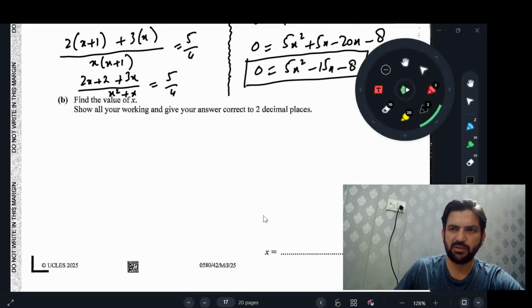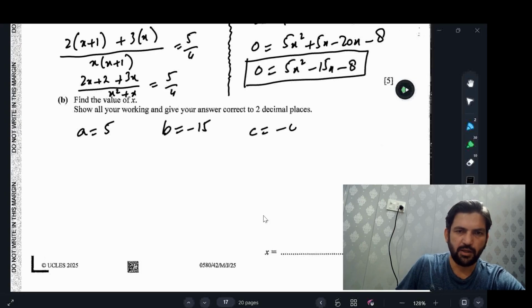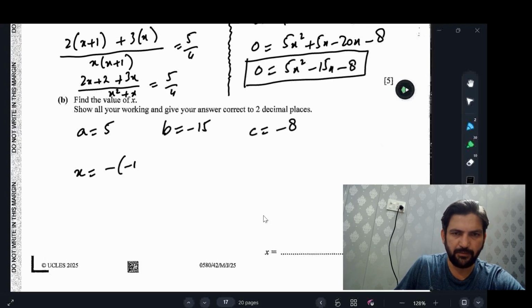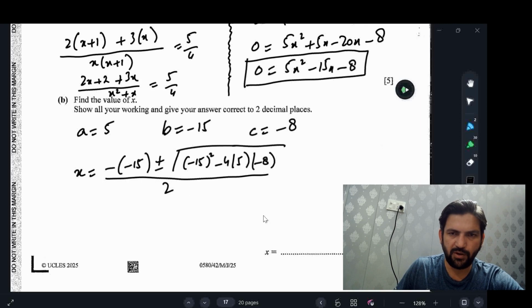Now in the next one they're saying that find the value of x showing all your working. Now if we compare it, a will be equals to 5, b will be equals to minus 15, and c will be equals to minus 8. So x will be equals to minus into minus 15 plus minus square root of minus 15 square minus 4 into 5 into minus 8 whole divided by 2 into 5.